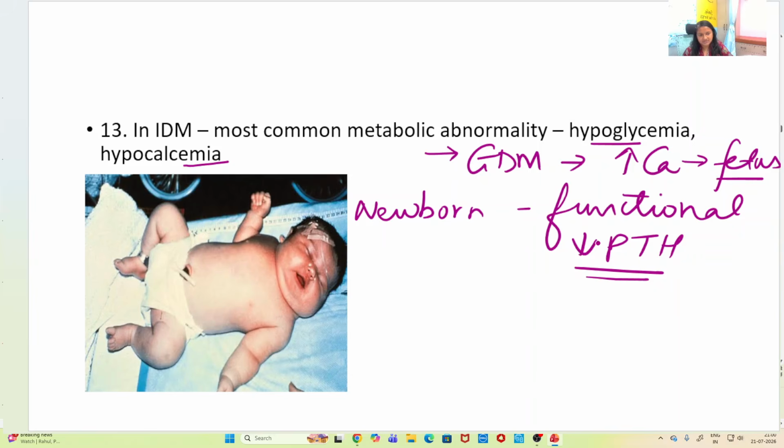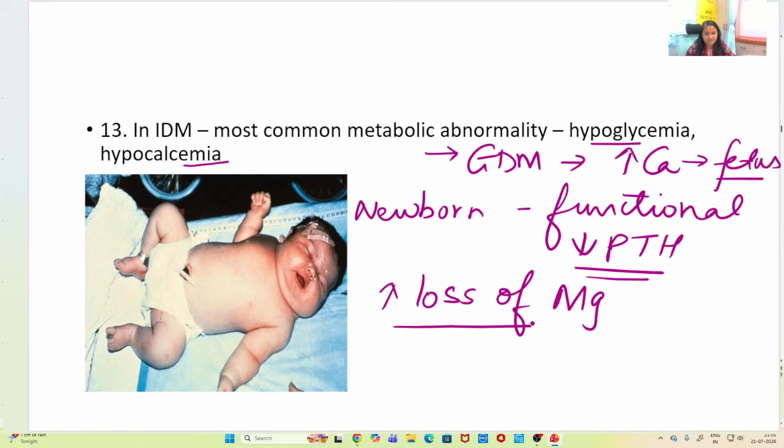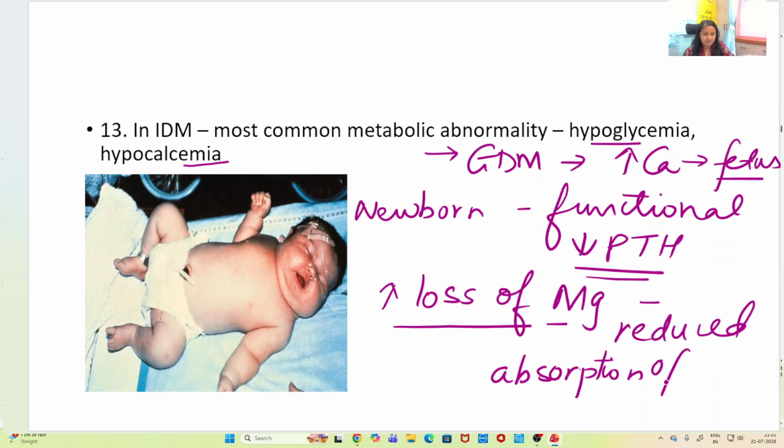That causes reduced activity of the parathyroid hormone. The other thing is there is increased loss of magnesium because of glycosuria, and this again causes reduced activity of PTH, and therefore reduced absorption of calcium.